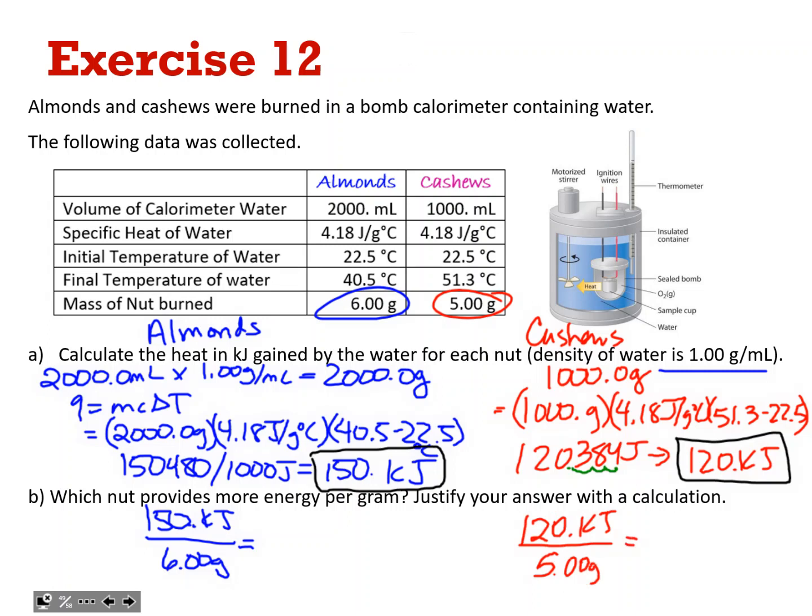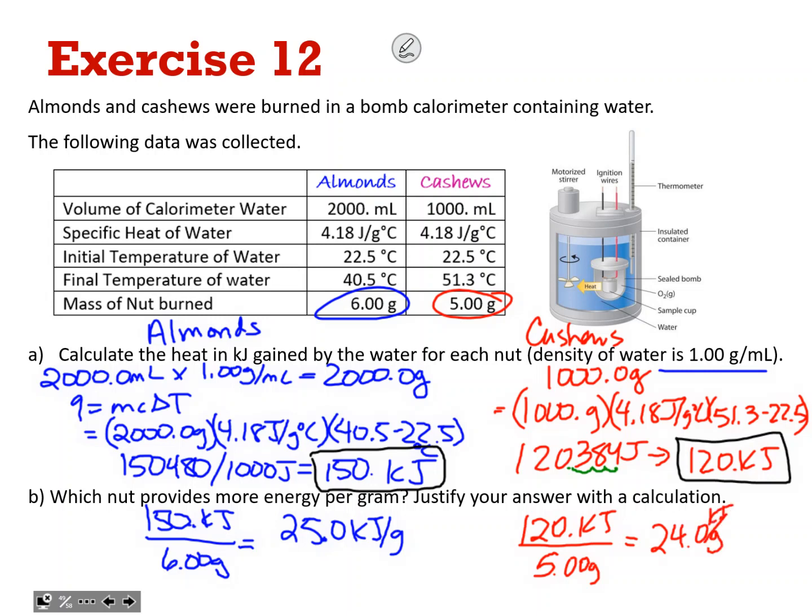And we can see which one is the better energy source, right? 150 divided by 6, this one's 25. 25 kilojoules per gram for the almonds. And this one is 24.0 kilojoules per gram.